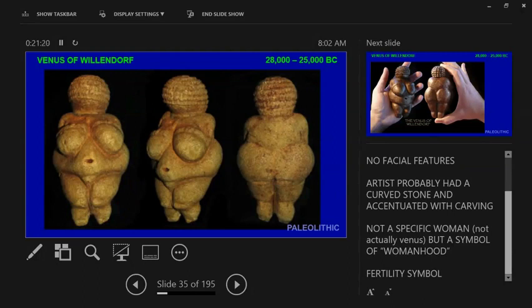All right, now, if you look at this woman, what kind of body style does she have? Is she thin or large? Yeah, she's large. All right. And this is an idealized woman. This is meant to be a desirable woman.